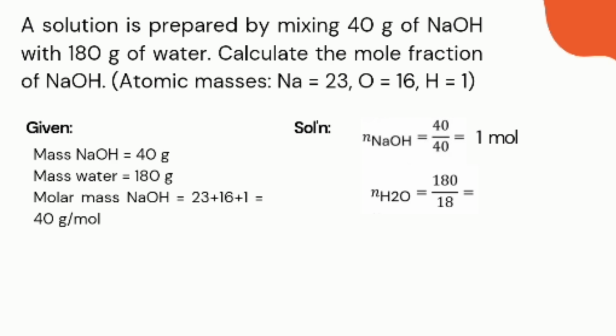So 18 is from the H2O, because the atomic mass of hydrogen is 1 multiplied by 2, while the oxygen is 16. So 16 plus 2 is equal to 18. So the answer is 10 mole.